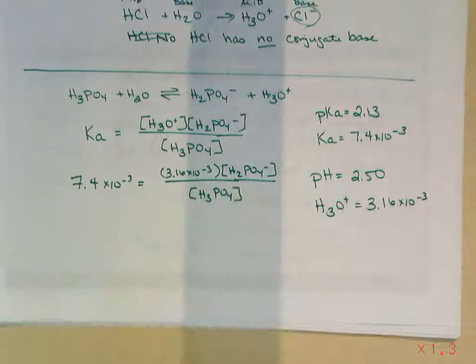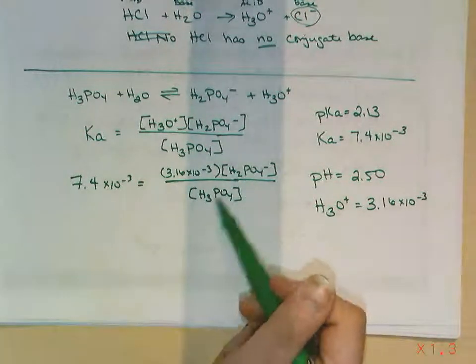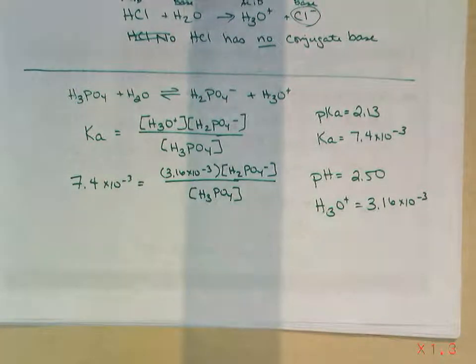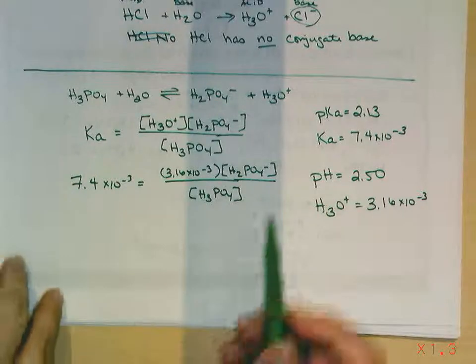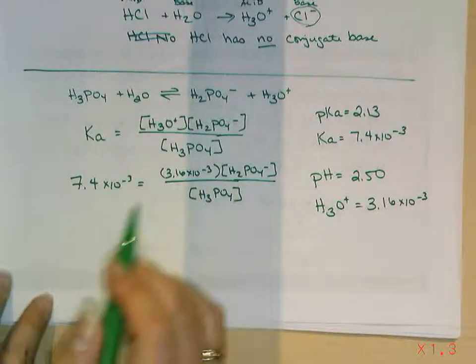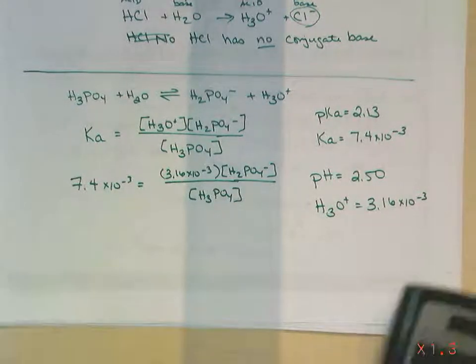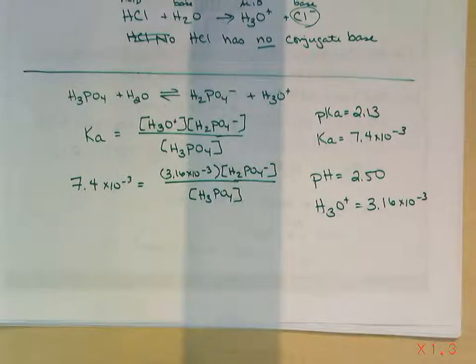All right, so how do I get this ratio by itself? I just want the ratio. I'm sure everyone's working really hard at your own desk, so I'll just go ahead and do it over here, right? I divide that by this. So that should turn out to be 7.4 times 10 to the negative 3, divided by 3.16 times 10 to the negative 3.